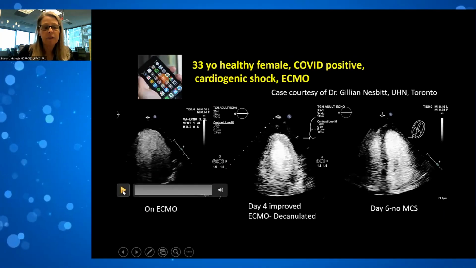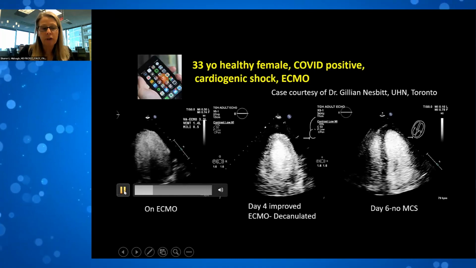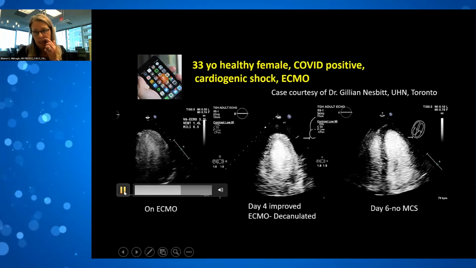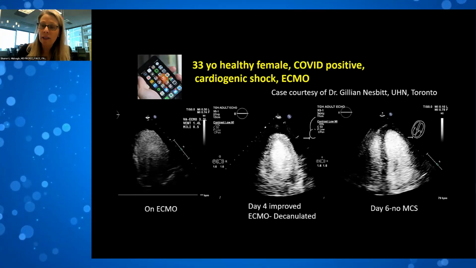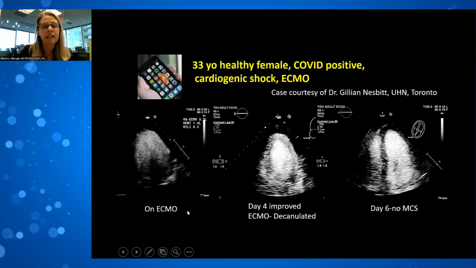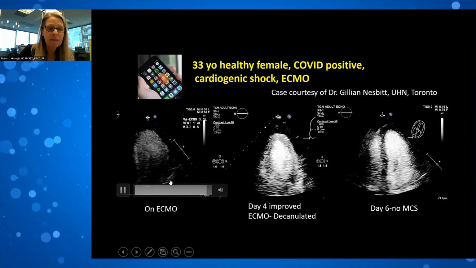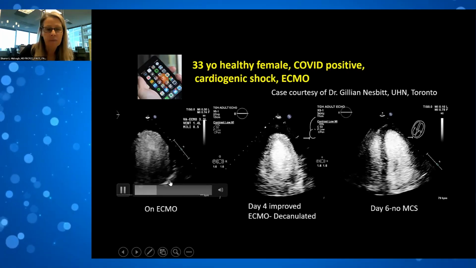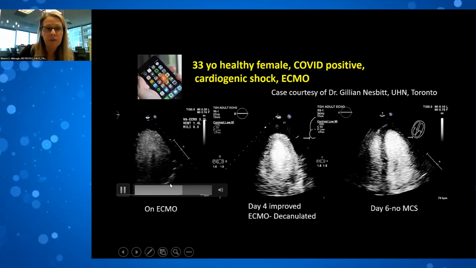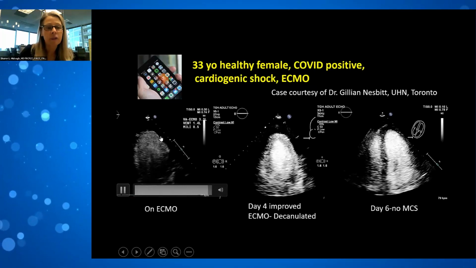This is another, just to elaborate on the COVID application. This is actually a case that came from my colleague in Toronto, Dr. Jillian Nesbitt. She sent me this because it was very interesting. And this was a young woman who had come in with being COVID positive in cardiogenic shock and was put immediately on ECMO.